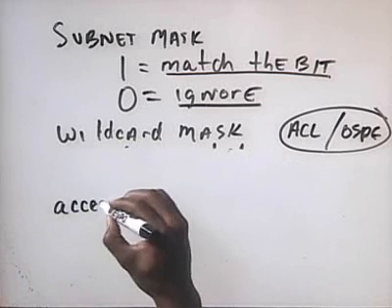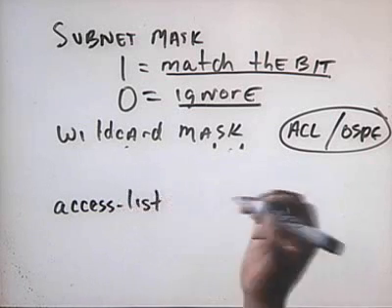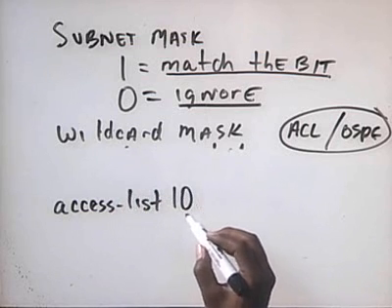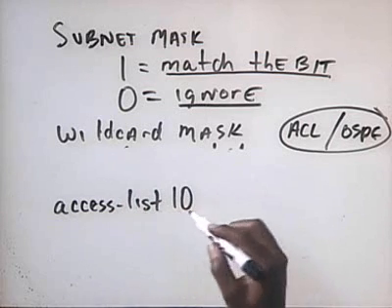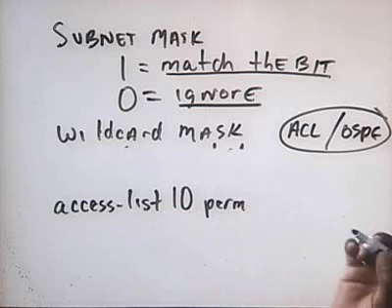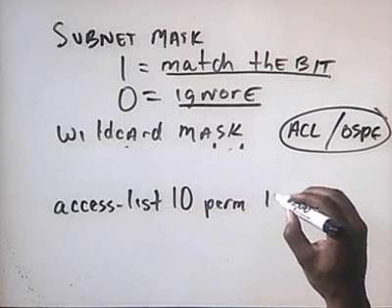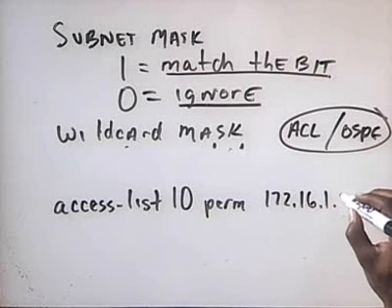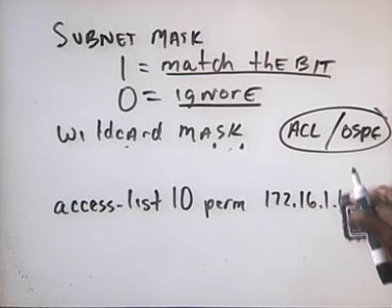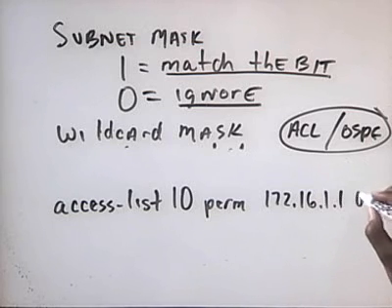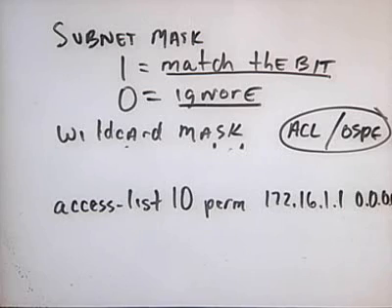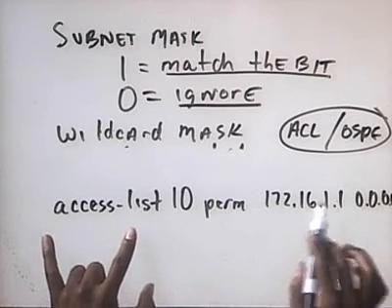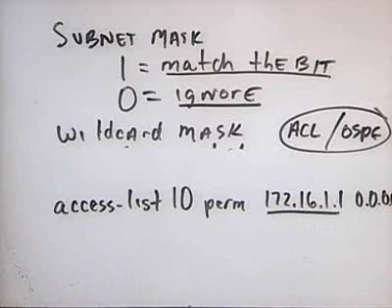Access-list, we'll just say we're doing access list 10. That's a standard IP access list. Access list 10, permit 172.16.1.0 or 1.1, and then if we use the all zeros there, that's indicating that we're permitting any traffic for that particular host.